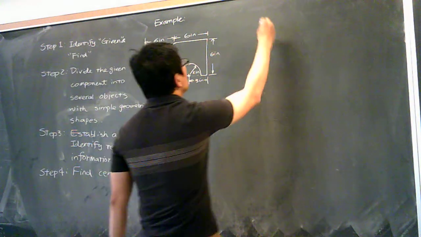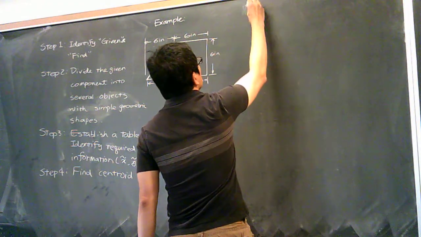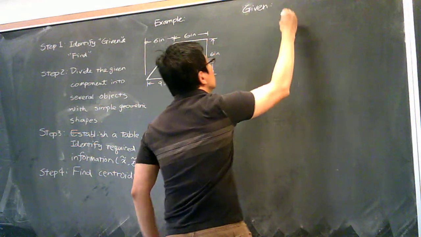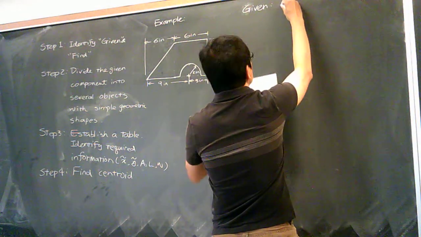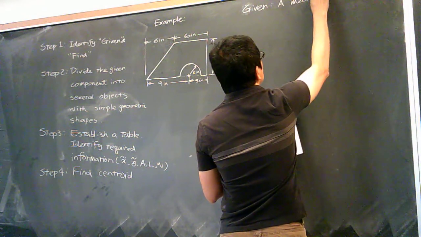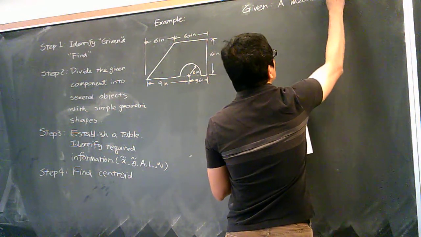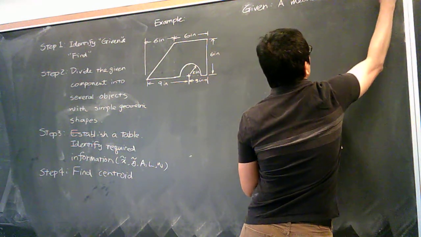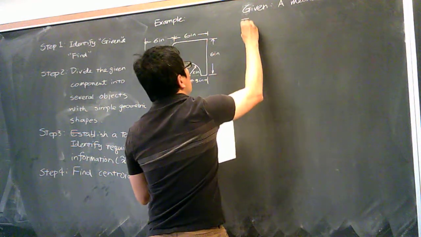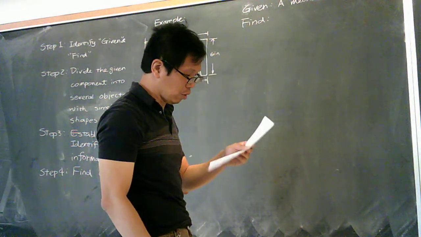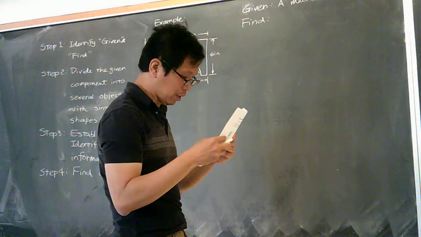Let's do this example, and we will know what I'm talking about. I've given a mechanical component. Okay. For you guys who have notes with you, what am I trying to find?